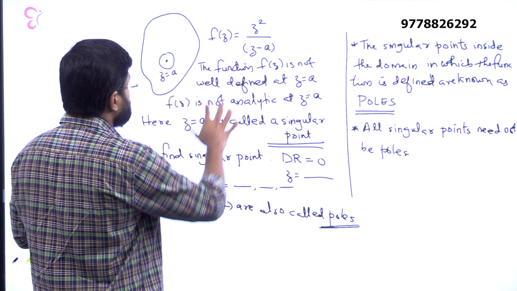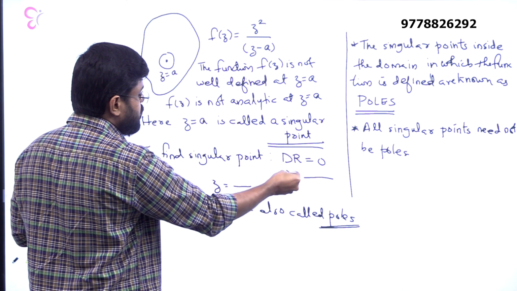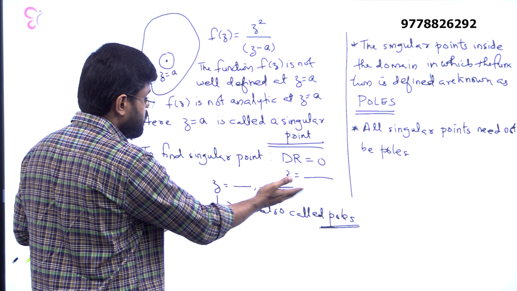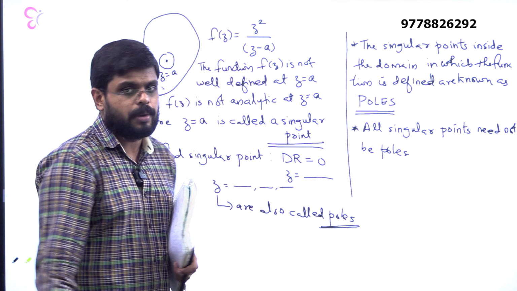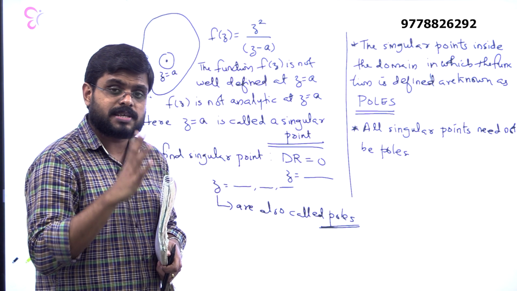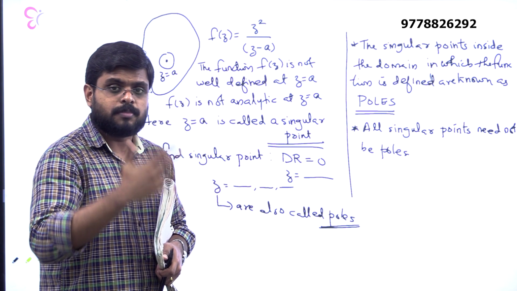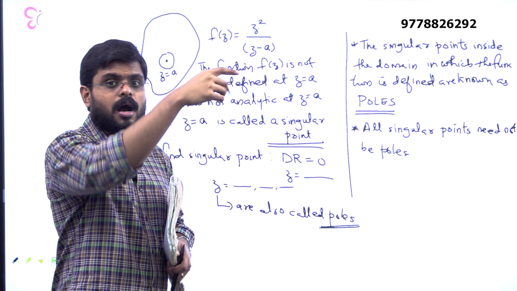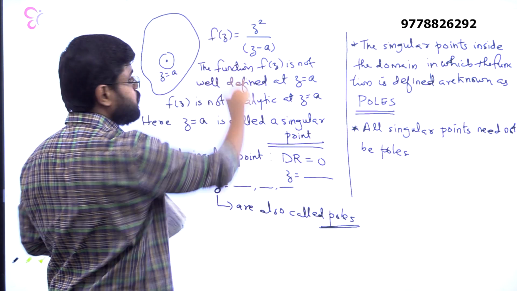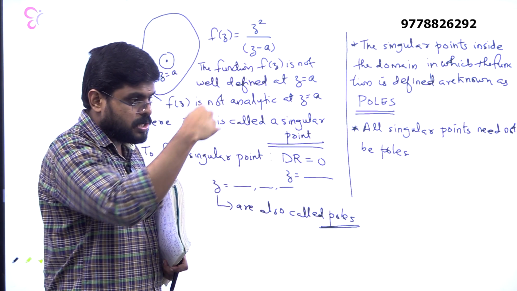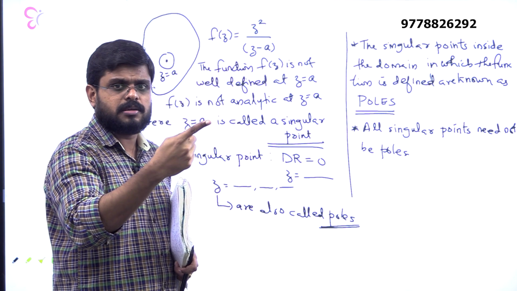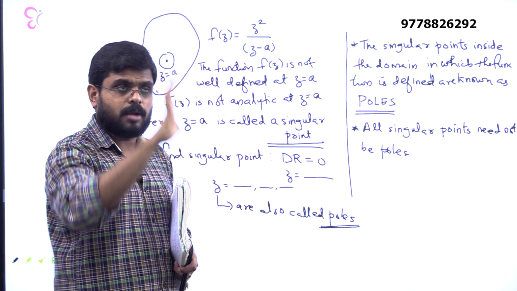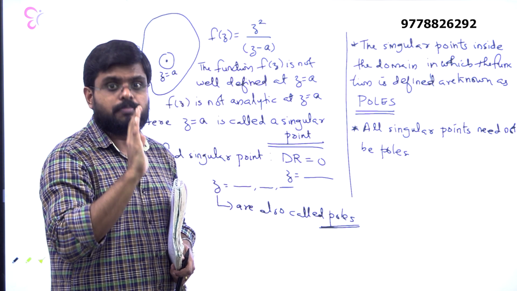Why? Because if you substitute denominator equal to 0, you will get many singular points, and there are chances that some singular points will be outside the contour. Are we required to think about that? No. They are singular points, but they are not poles.